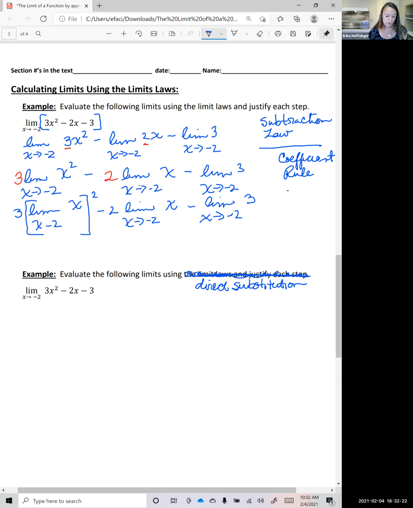Okay, so recall we said if we were looking at the limit as x approaches some number, it was just that number that we were approaching. So this first piece, we have 3. The limit as x approaches -2 of x is just -2.